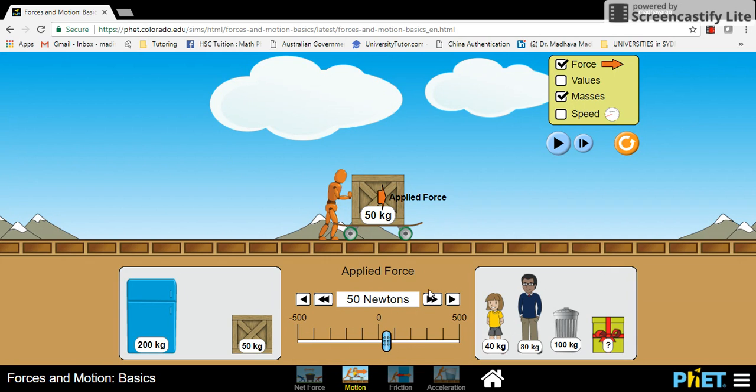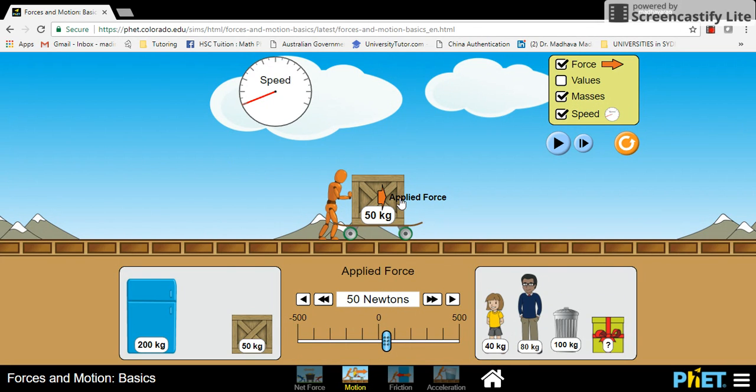Now I'm applying such an element of force. So apply 50 newtons of force on this, and let's look at the speed.